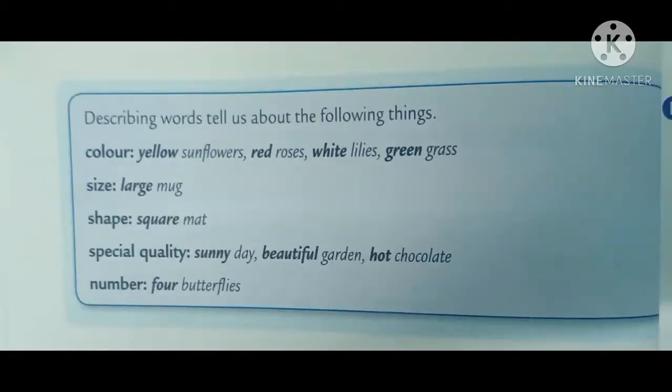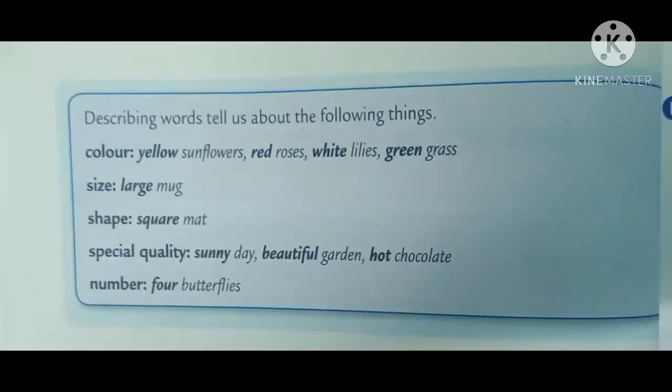What are the nouns over here, children? Sunflowers, roses, lilies, grass. Okay, children. Now, all these words are describing words which are telling us about the color of the nouns. See further. Large mug. So, the word large is a describing word which is telling us about the size of the mug, whether the mug is small or large.